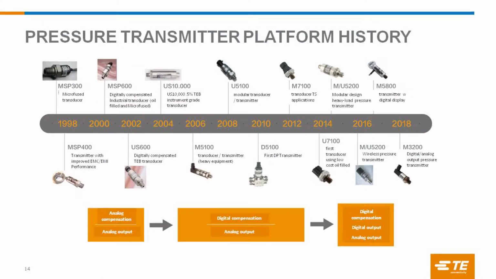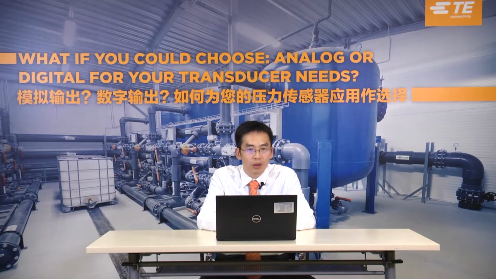So you will see in the early days, in 1998, we had the pure analog compensation, analog output MSP300. Along the way, we believe that digital compensation is much more efficient, much more accurate, and we can integrate multiple temperature points for the compensation, so we can achieve better accuracy, better total error band.